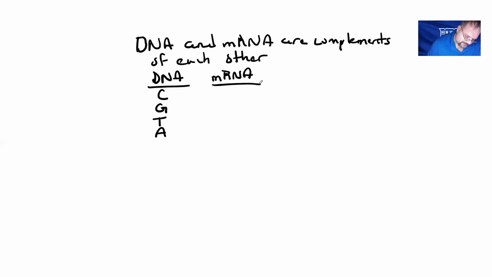So if your DNA has cytosine, your messenger RNA is going to contain guanine. If your DNA contains guanine, your messenger RNA is going to contain cytosine. If your DNA contains thymine, your messenger RNA is going to contain adenine. But if your DNA contains adenine, your messenger RNA is going to contain uracil.